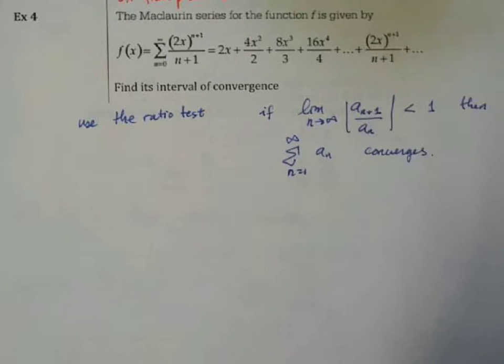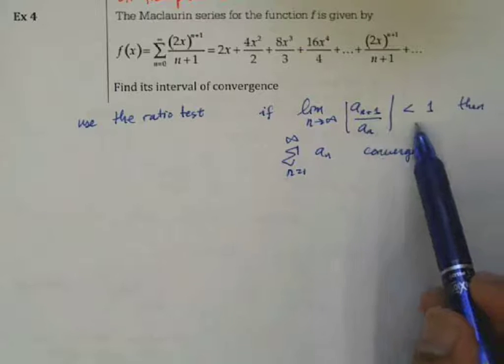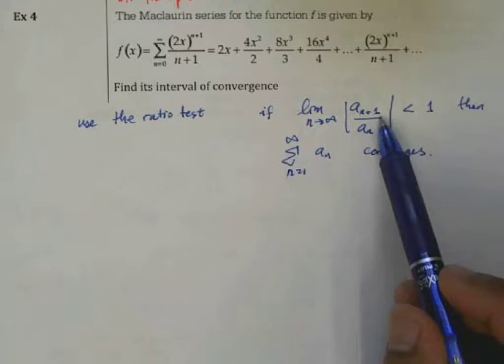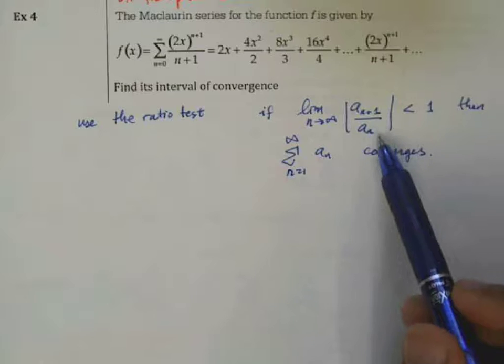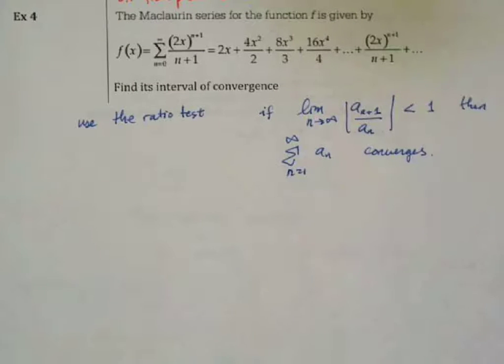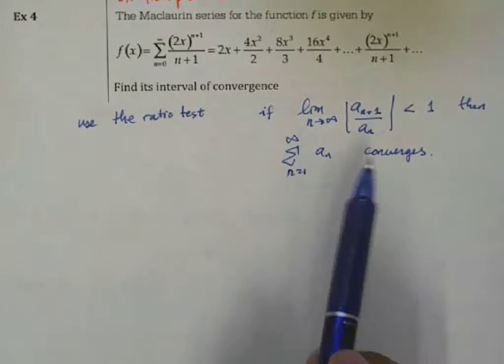If you compare any two consecutive terms and this ratio is less than 1, in other words, the ratio between the next term and the previous term is getting smaller and smaller, then this series is essentially a cousin of the geometric series, and it will converge. So we're going to apply this here.